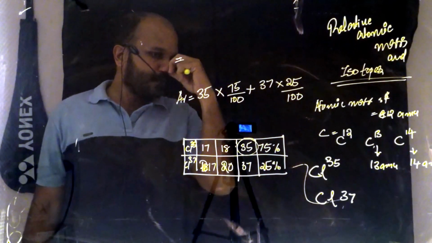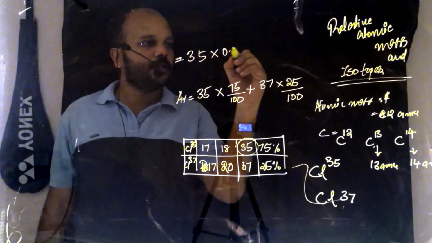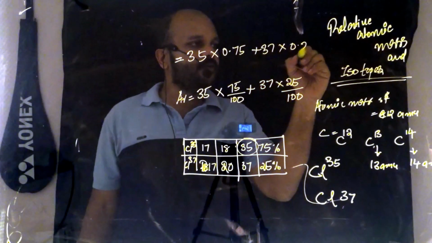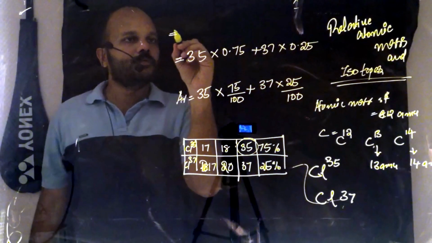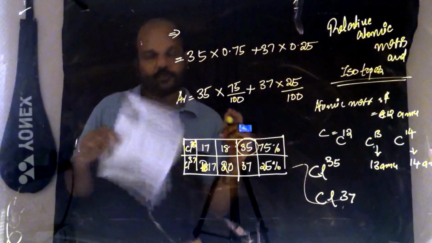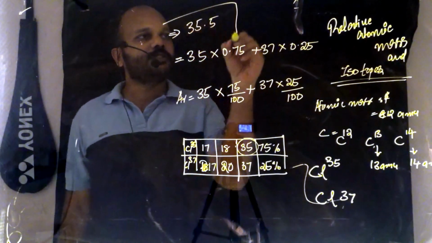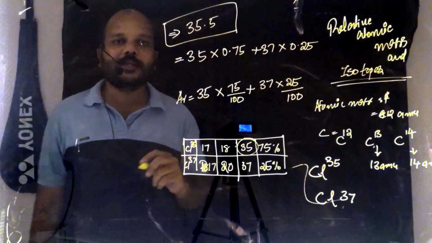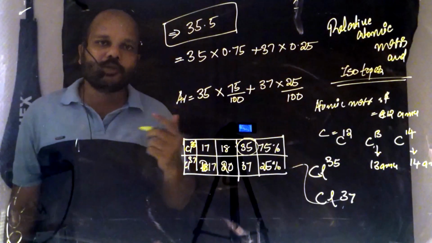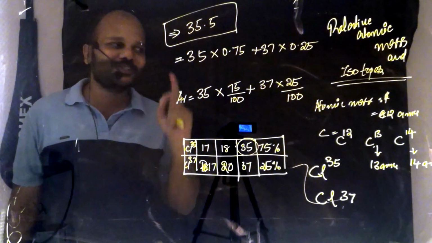So it is going to be 35 into 0.75 plus 37 into 0.25. Now it is going to come around 35.5. So this is the way we will be calculating the relative atomic mass. Atoms are going to have isotopes. Okay, so this is the case.